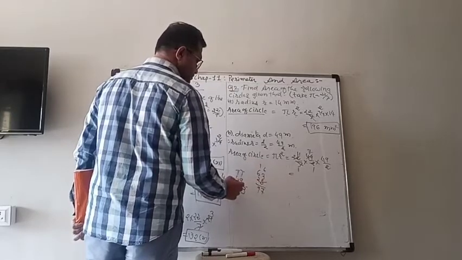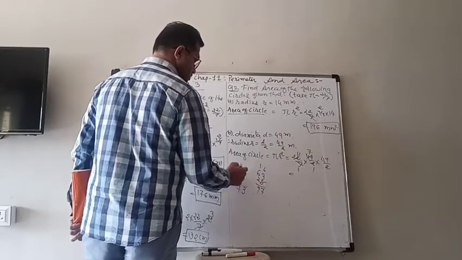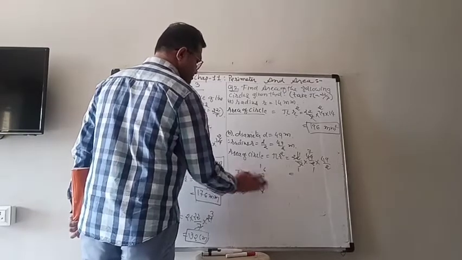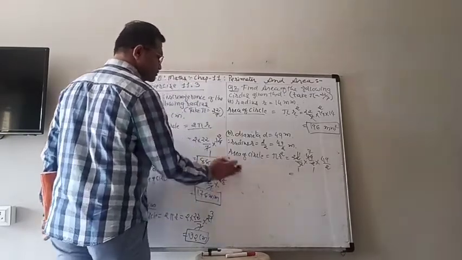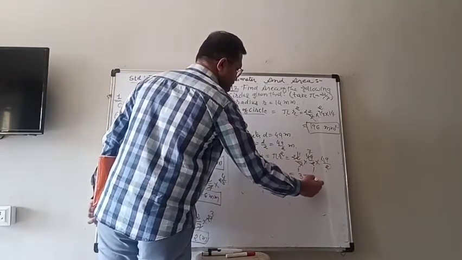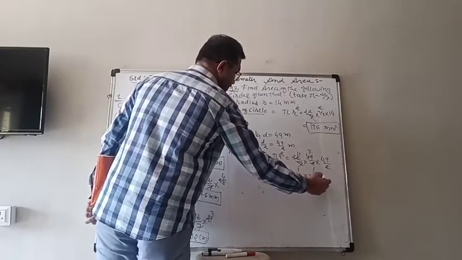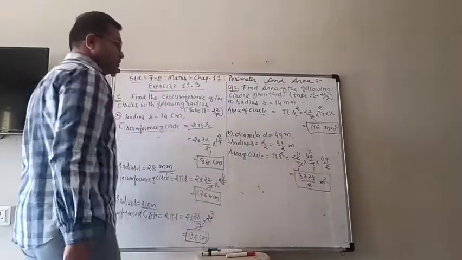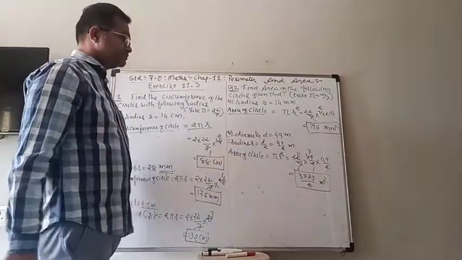So it is 3773. So 3773 upon 2. You can write that as meter square, or you can convert it into decimal, it doesn't matter.